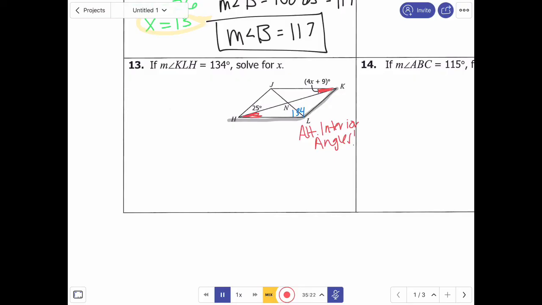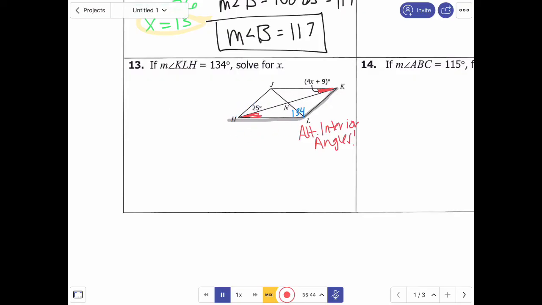So just like I did in problem number 11, I'm going to use that consecutive angles are supplementary. So if I take this whole angle H plus angle L, it should add up to 180 degrees. So I'm going to do that.